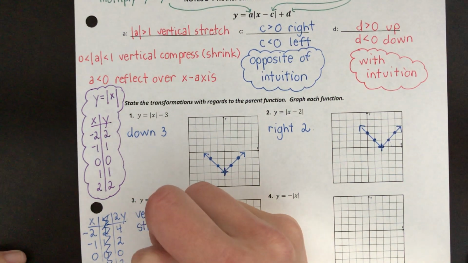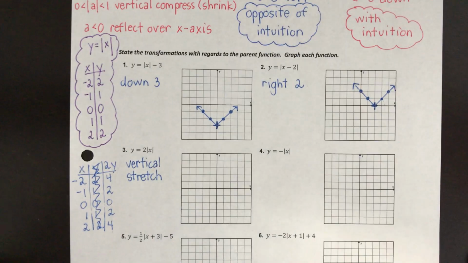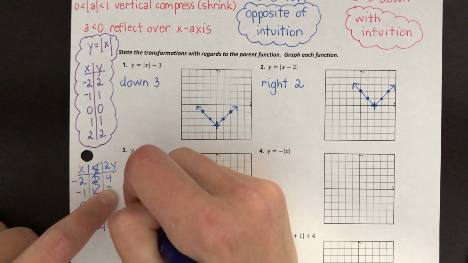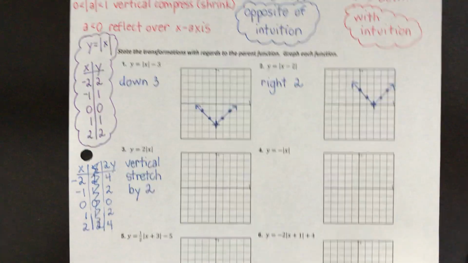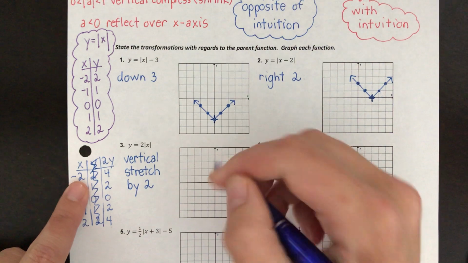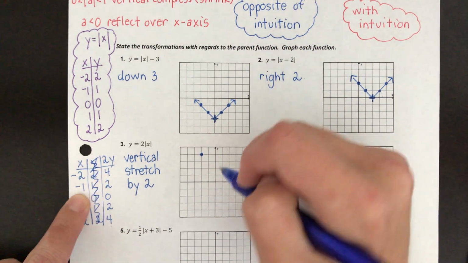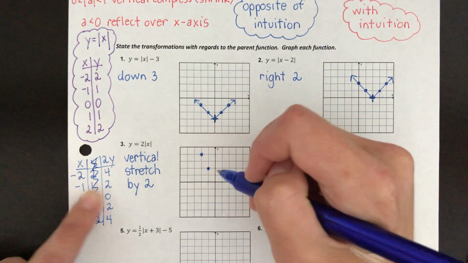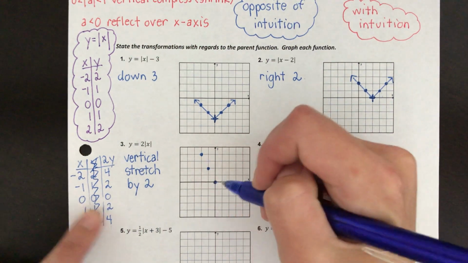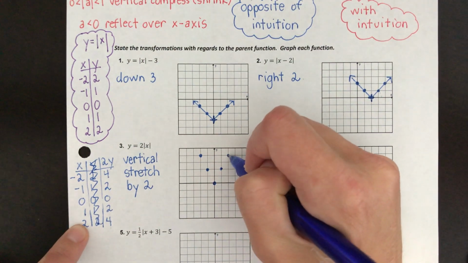I'm always worried that I'm going to spell this wrong, and stretch always looks like it's spelled wrong to me. I don't know why, but it just does. So this is a vertical stretch by 2. Okay, so then my origin doesn't move. It's just my points that change. So -2, 4 now, -1, 2 now, 0, 0, 1, 2, and 2, 4.